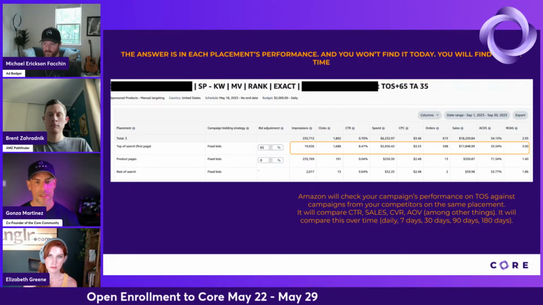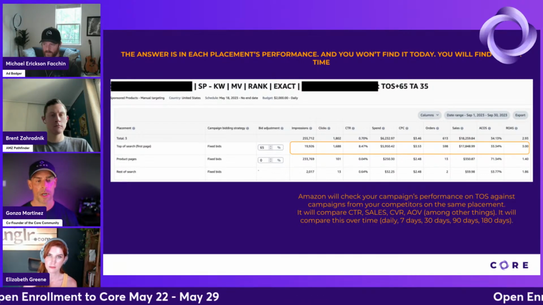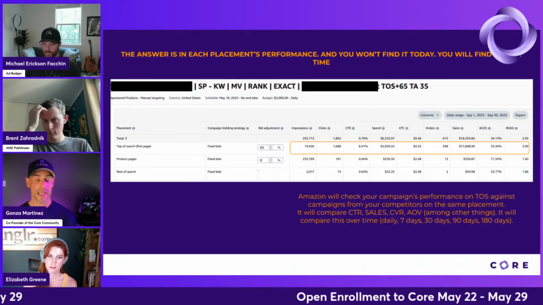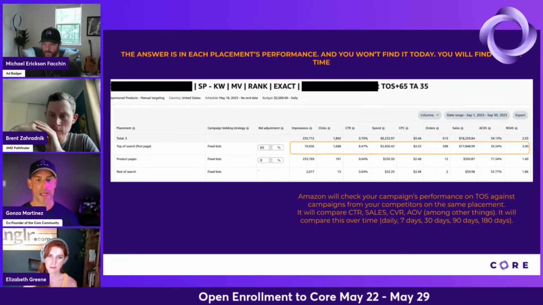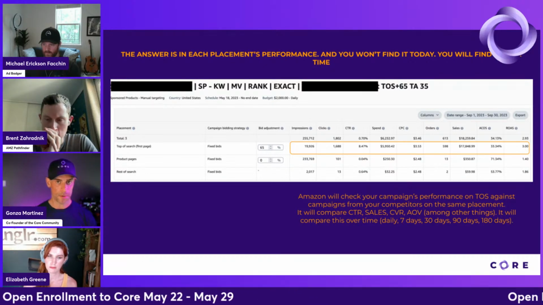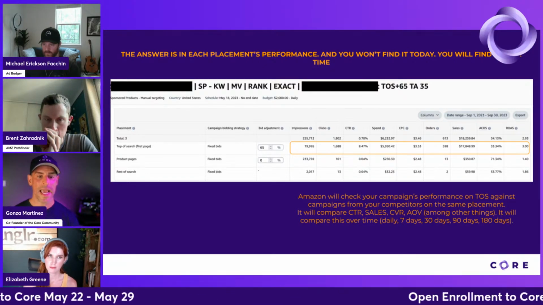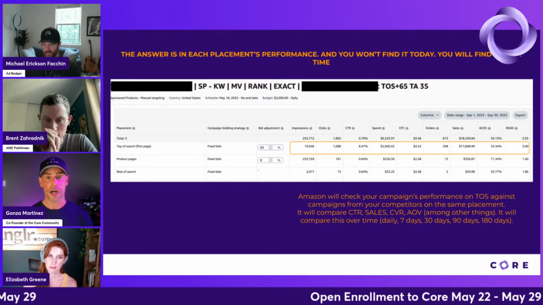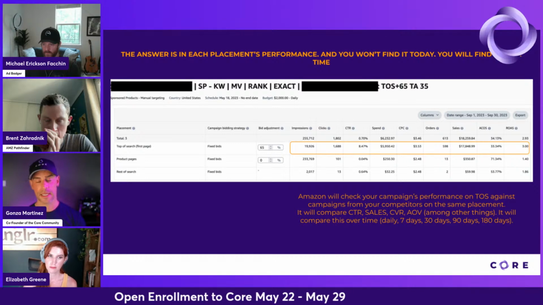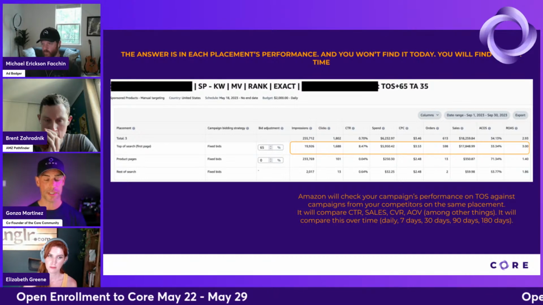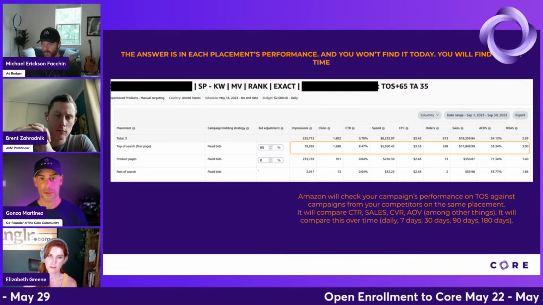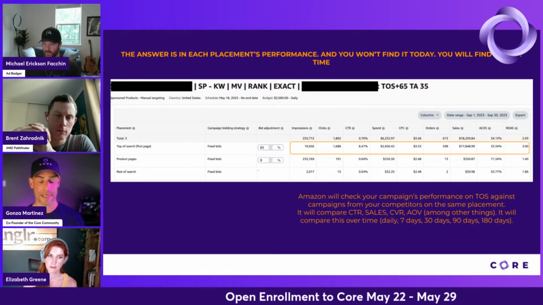So Amazon will check and assign a quality score to your top of search performance, right? And it'll compare it with your competitors on the same placement. So it's doing apples to apples, pears to pears, and strawberries to strawberries, depending on the placement. It'll compare CTR, which is how your impressions are turned into clicks. That has to do with your price, your main image, and your title. Then it'll obviously measure sales and conversion rate, which is super important as a measure of campaign success.